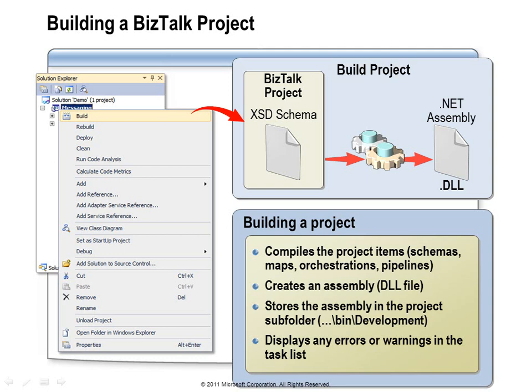And Visual Studio will take it from there. It will compile and create the assembly. If you go looking for it, you'll find it under the bin folder in your Visual Studio project folder. And as it's adding your schema to the assembly, it will do one final check, and if it finds anything wrong, it will report an error.